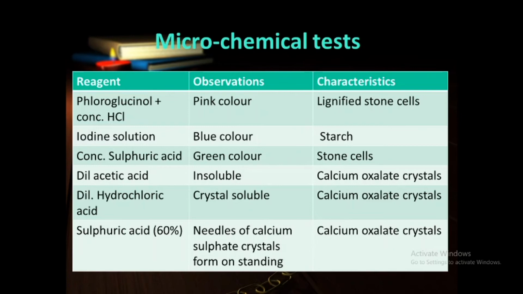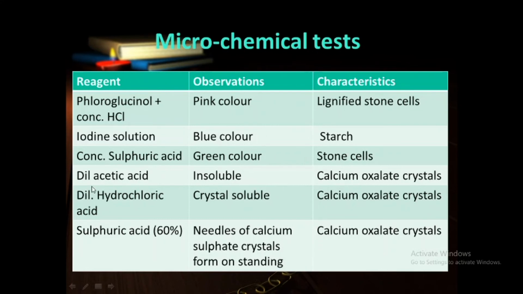The stone cells present in Kurchi show a green color in presence of concentrated sulfuric acid, because the stone cells develop the green color with it. Then the other three microchemical tests are for calcium oxalate crystals.